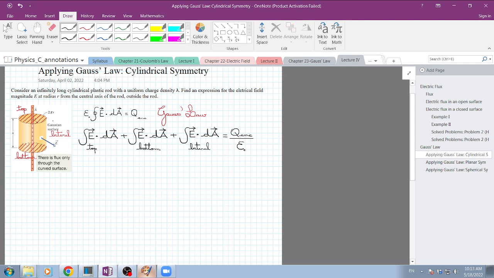First of all, this is the electrical field, right? Let's make some considerations before we do anything. The electrical field is radial for sure, since we have an infinite rod.